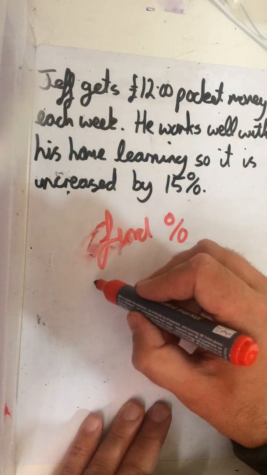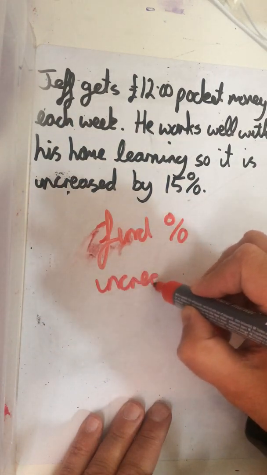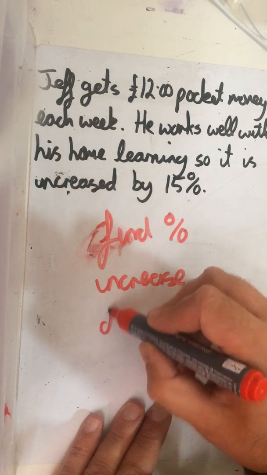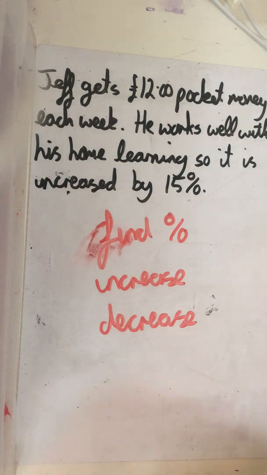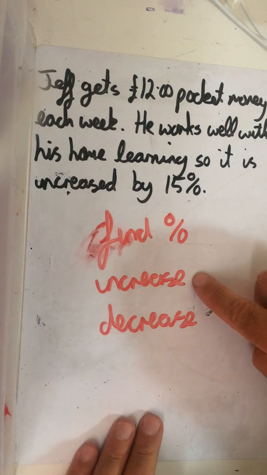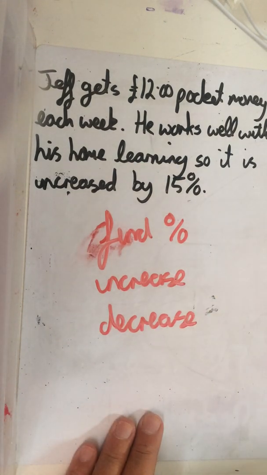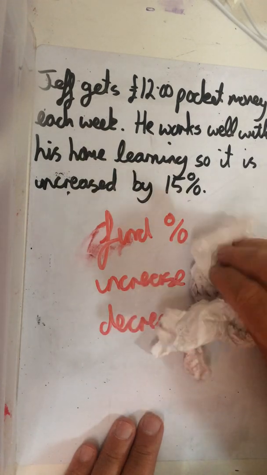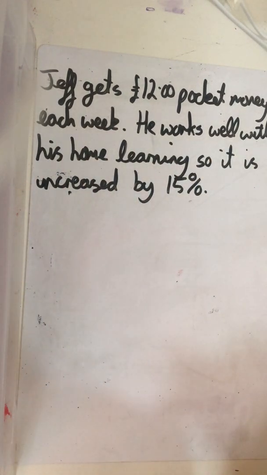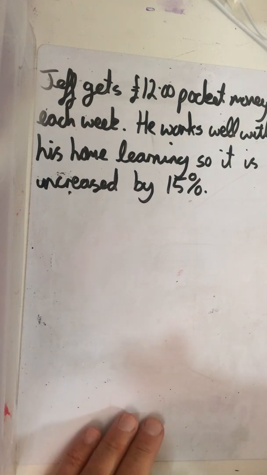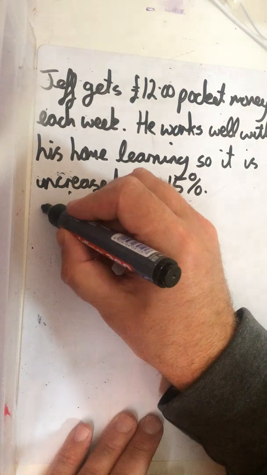Sometimes you'll be asked to do an increase or a decrease. So that's the 3 things that we generally have to work out. Am I going to increase it, decrease it, or just show what the percentage is? Now I haven't actually given a question for this one. So if this was the question, how much more does he now get?